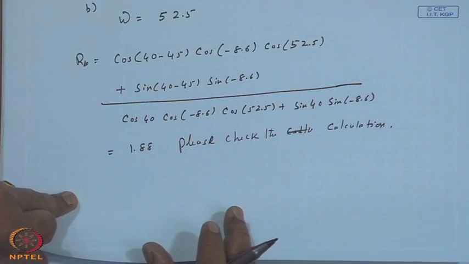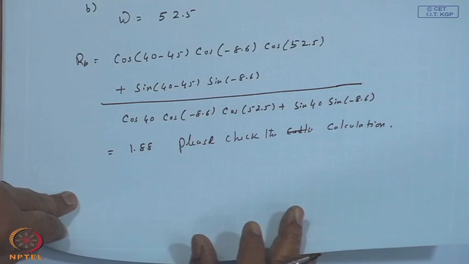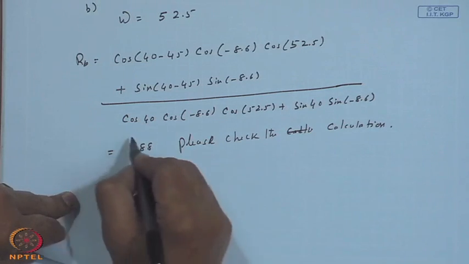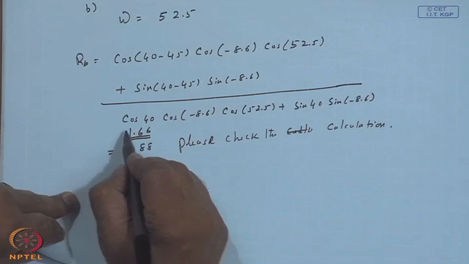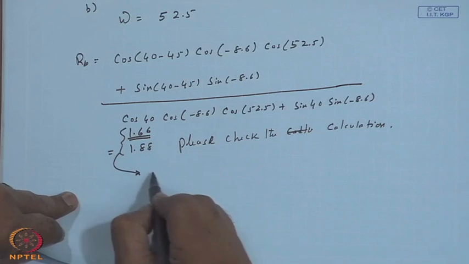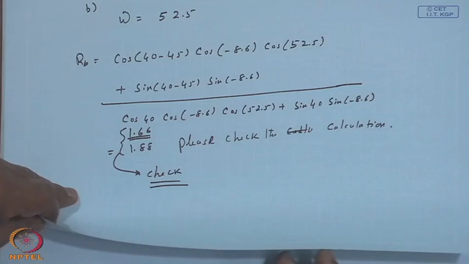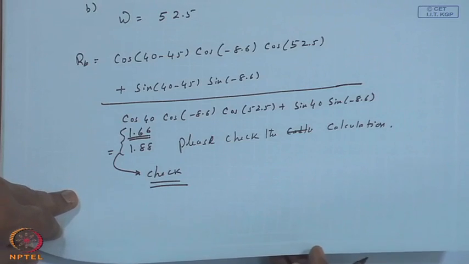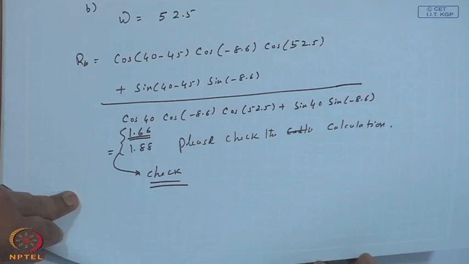Okay. All right, you just check it out. Or, I also have a number here, 1.66. So, I will give you a clarification in the next class which one is the correct one, either 1.66 or 1.88.